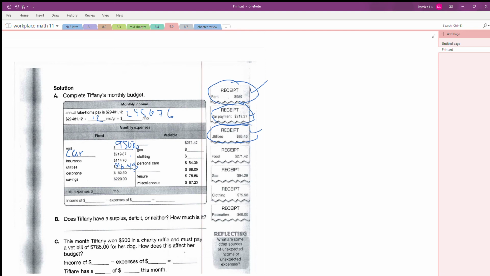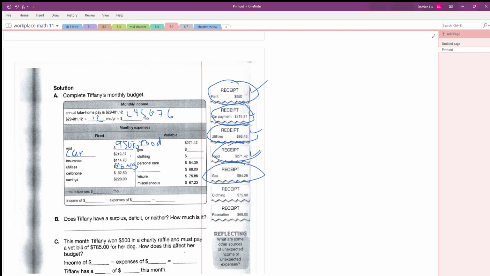Okay, she's got a food expense of $271.42, and that is going to be a variable. It's recurring, but it's not a fixed amount, right? What you eat in one month might not be the same as the cost of eating the next month, and most people don't have a meal plan, unless you're a student maybe, and you live in a dorm where they have a meal plan for you. But this is not Tiffany's case.